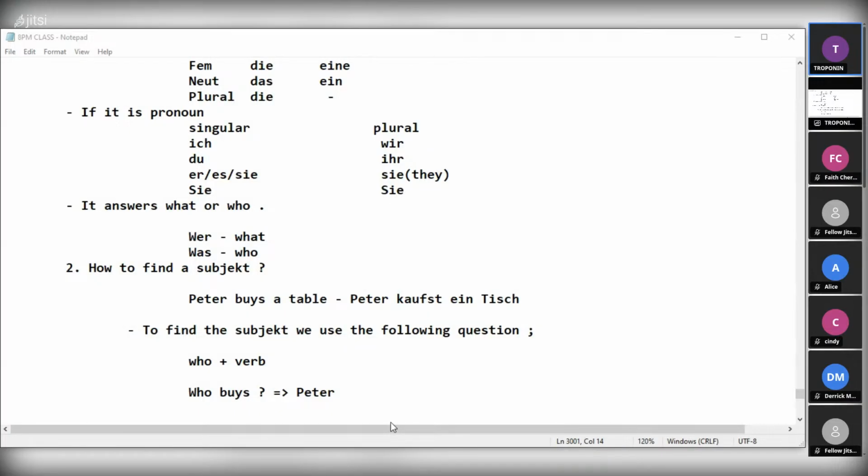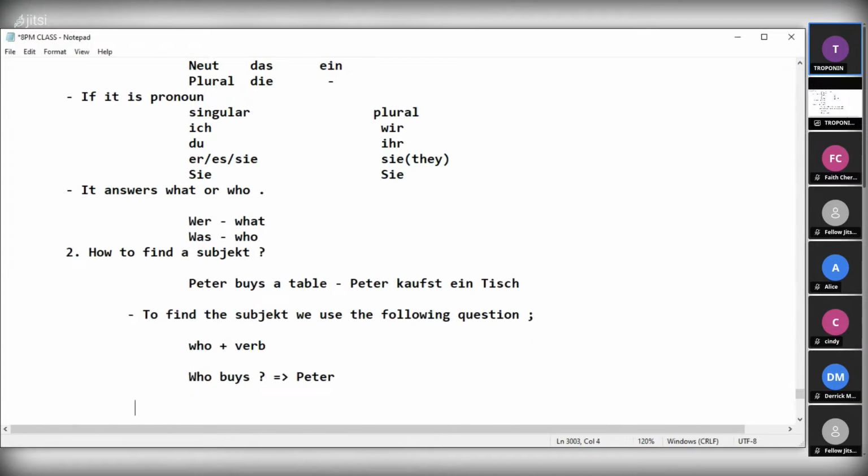So to find the object, let's see. To find the object, we use the following question.